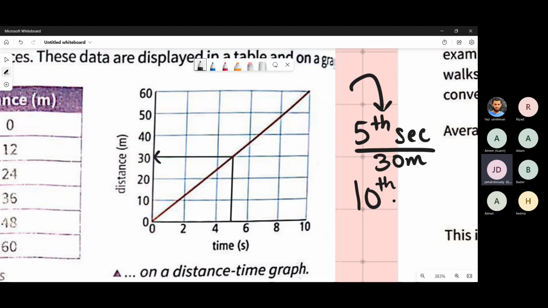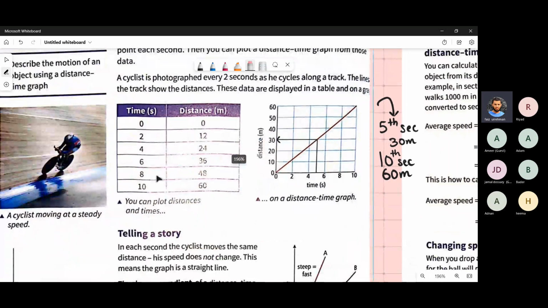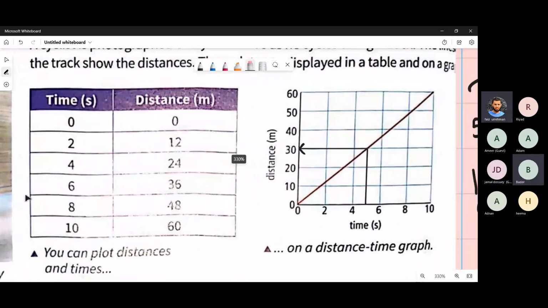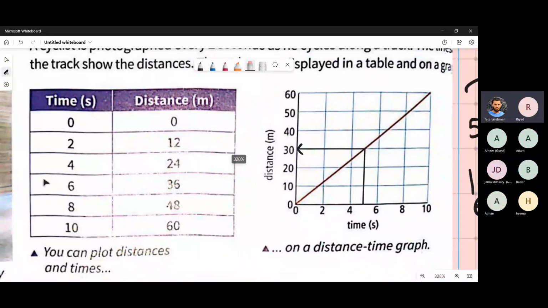It's like the math. So this graph was made using these values, and this is very simple to see how they are formed. 2, 12, like this.